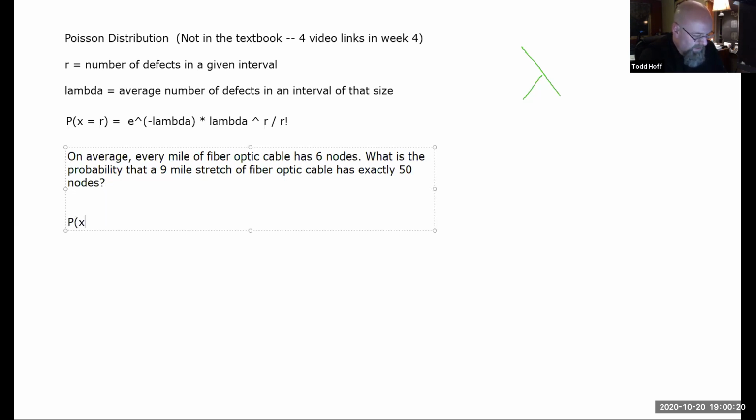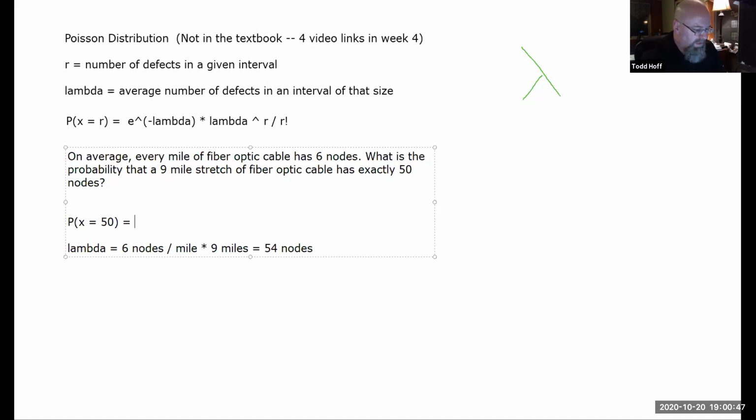So that probability that x equals 50 is, first of all, we have to find lambda. What would the average amount be? Well, it is 6 nodes per mile times 9 miles. 6 times 9 is 54 nodes. So our average would be 54 nodes.